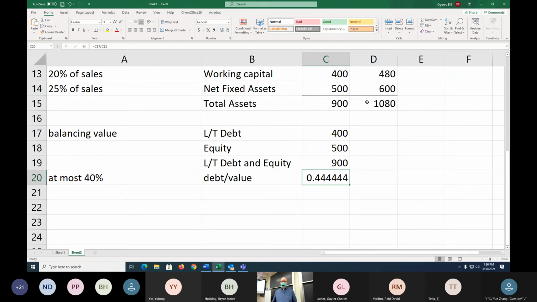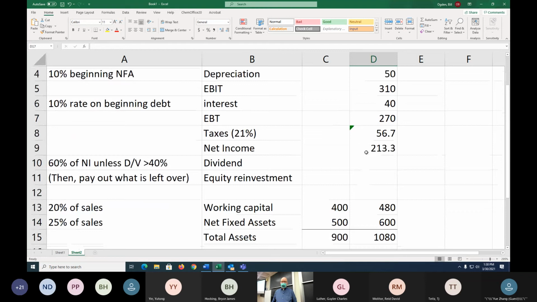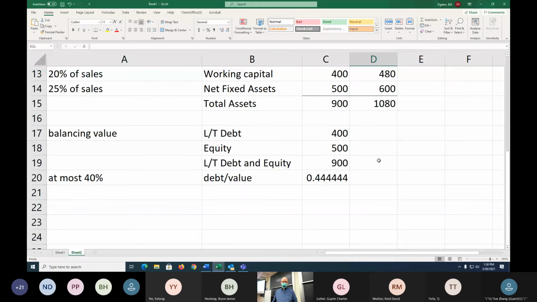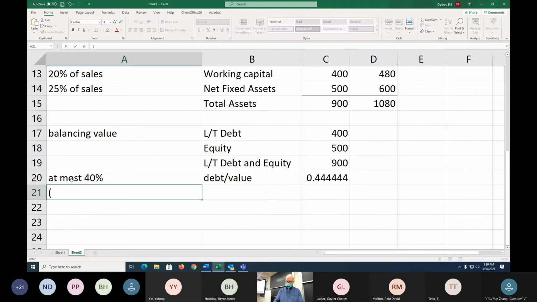Okay, so why don't you take a few minutes here, and keep in mind that you can adjust your equity reinvestment to make this work. So let's maintain a constant debt ratio of 40%. Let's use all that we can in the debt. And see if you can tell me what we'll do here.